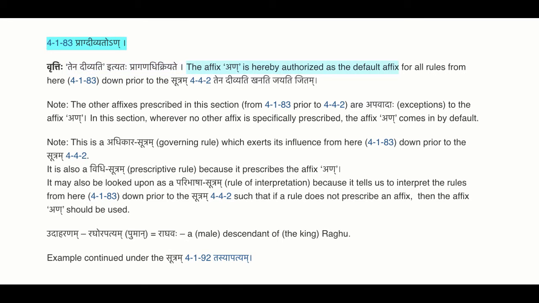The affix an is hereby authorized as the default affix for all the rules from here, that is 4.1.83, down prior to the sutram 4.4.2, tena divyati khanati jayati jitam. So unless another affix is specifically prescribed, the affix an comes in as the default affix for all the rules in this section from 4.1.83 down prior to 4.4.2.